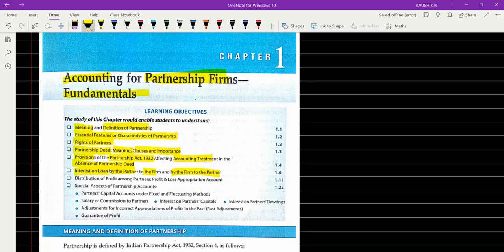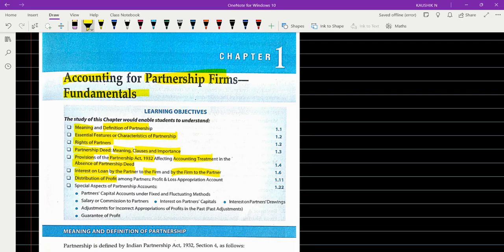And then the most important, distribution of profit. Usually what makes a difference between a partnership firm and a sole proprietor is the distribution of profits. In a sole proprietorship, whether you earned profit or incurred a loss, the entire amount will be provided to that particular individual.